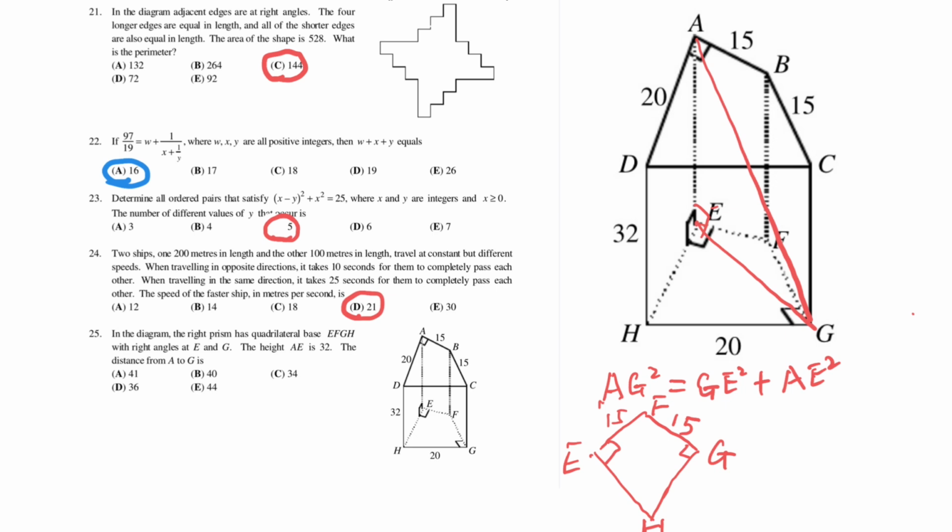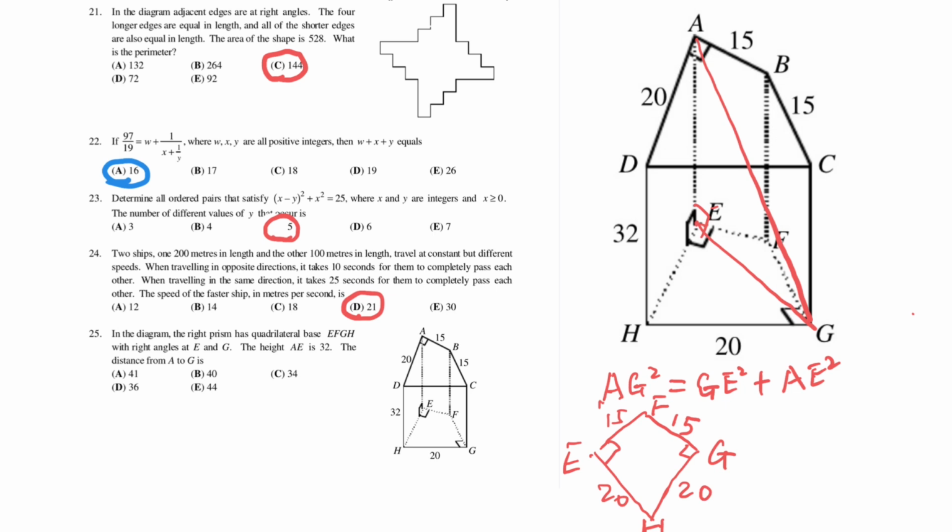And GH is 20, and HE also is 20, equal to AD.